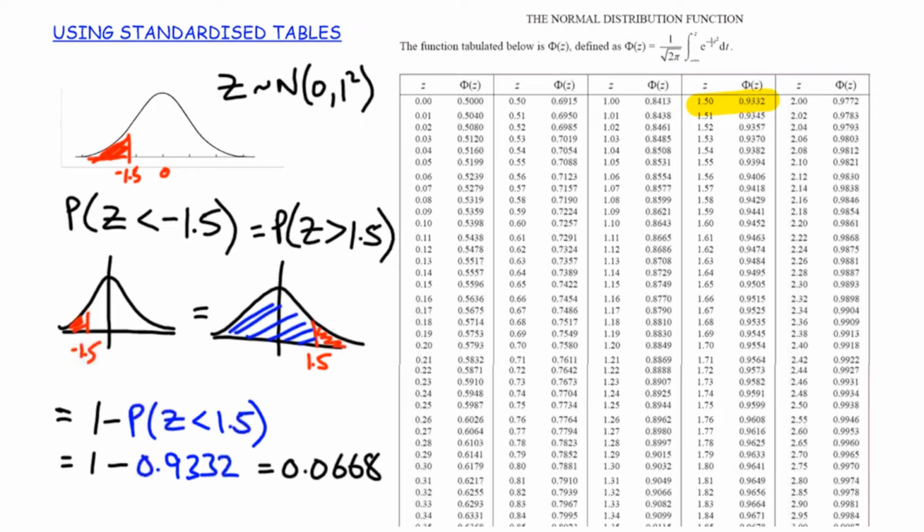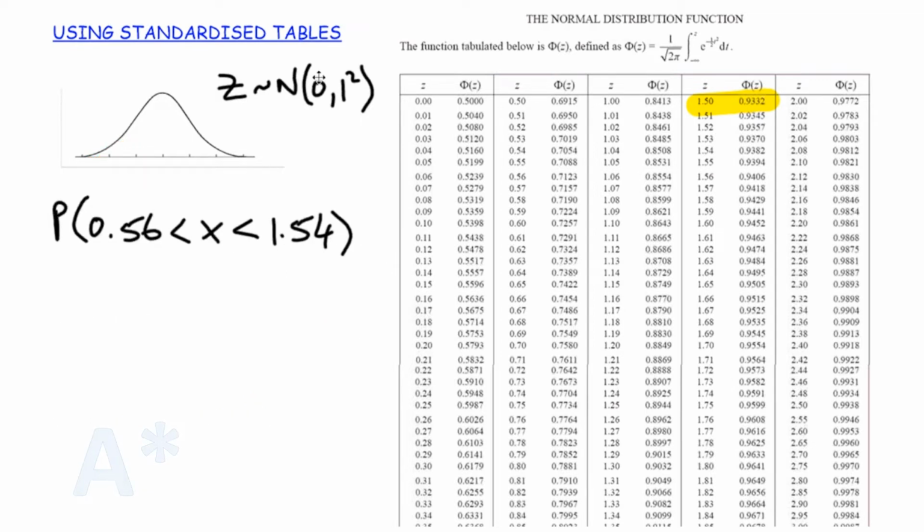probability statements. The probability that Z exists in between these 2 values. So if this was my 1.54 and this is my 0.56, I'm trying to find the probability that it exists in between these 2 values. The standard technique to do this is, first I'm going to find this red area here.